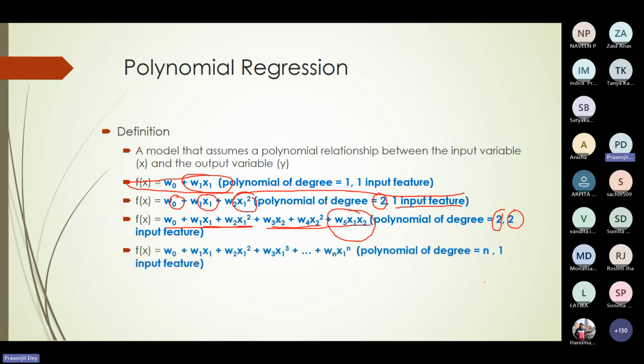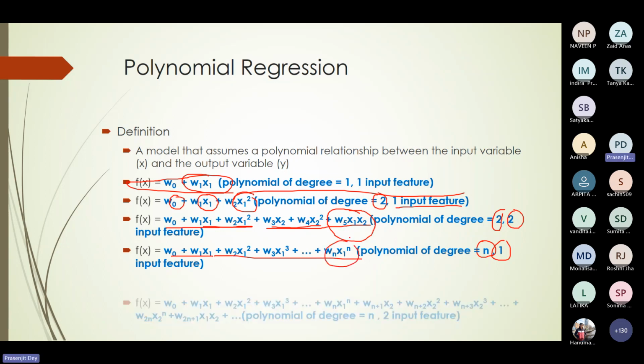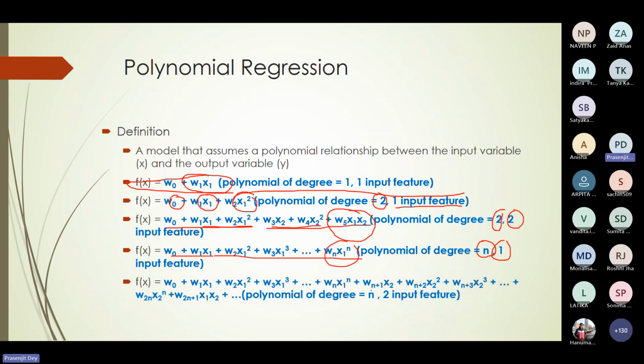If I want to consider only one input feature and the degree of the polynomial is n, then I need to consider x1 to the power 0, x1 to the power 1, till x1 to the power n. And if I want to consider a polynomial of degree n with two input features, it will be w0, x1, x1 square, x1 cube, like that, till x1 to the power n.